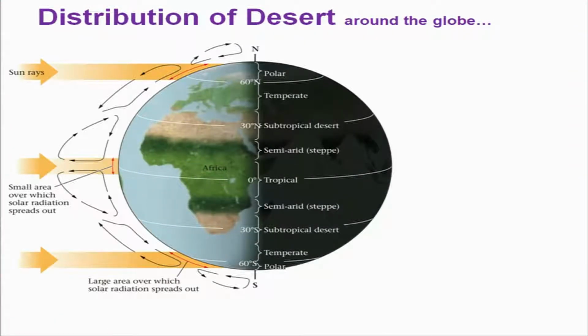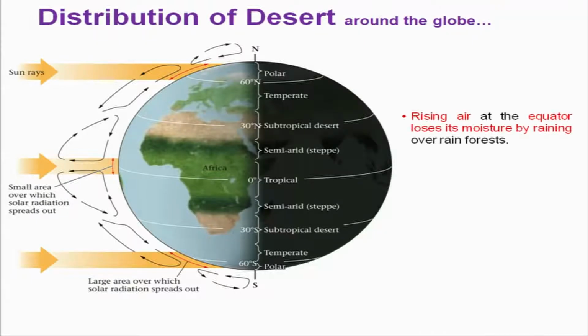Further, if you look at the globe, then we have the north and south poles, the polar areas, and then the temperate subtropical deserts on either side in the southern hemisphere as well as the northern hemisphere, and then we have the tropical in the center, and then semi-arid again on the other side of the equator.